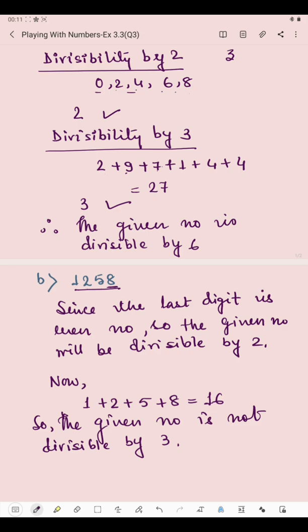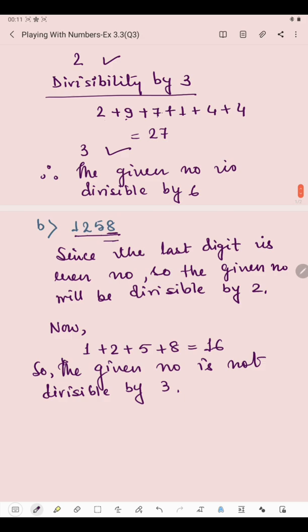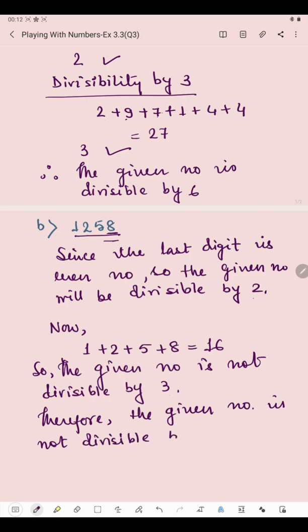A number has to be divisible by 6 only if it is divisible by both 2 and 3. Here we can see that it is divisible by 2 but not by 3. So therefore the given number is not divisible by 6.